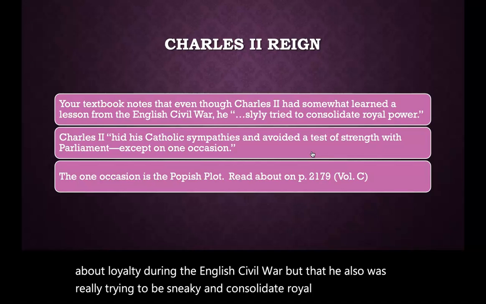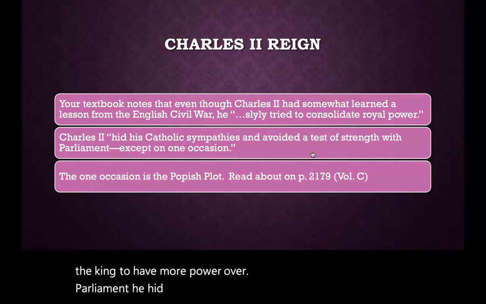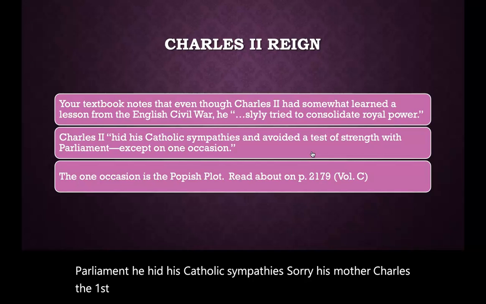He wanted the king to have more power over Parliament. He hid his Catholic sympathies. His mother, Charles I's wife, was trying to impose her Catholic beliefs on the Anglican Church.